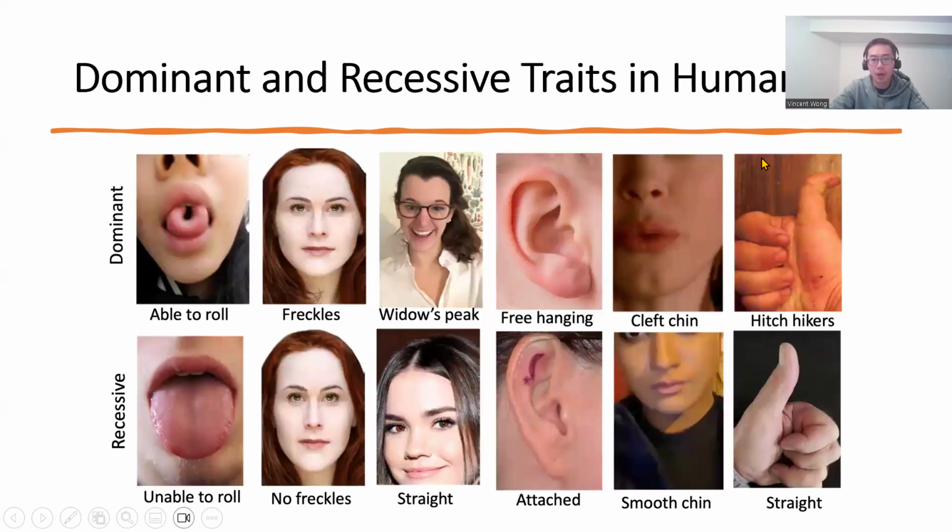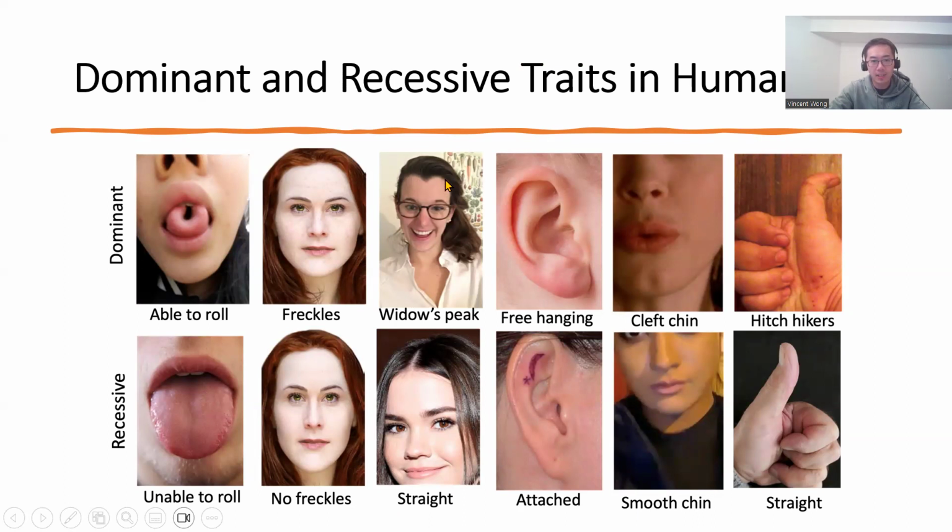So here are a bunch of examples of what's dominant and recessive in people. If you are able to roll your tongue like that, that's a dominant trait. If you cannot, then it's a recessive trait. Freckles, you can't really see it here, are those little spots that people might have on their cheek or face. That's dominant. No freckles is recessive.